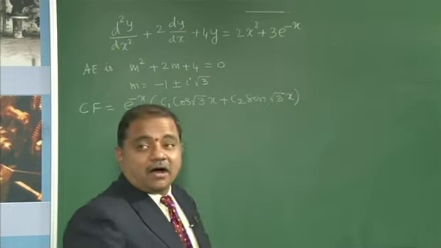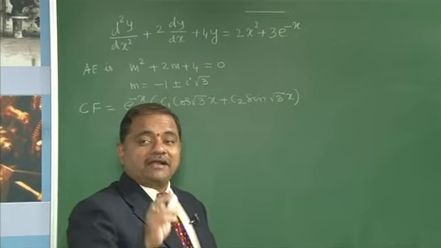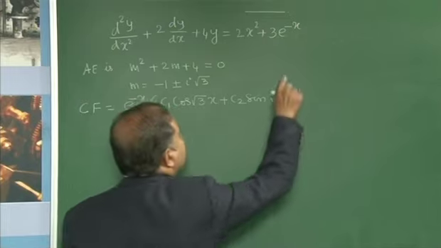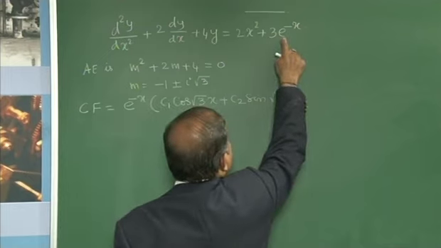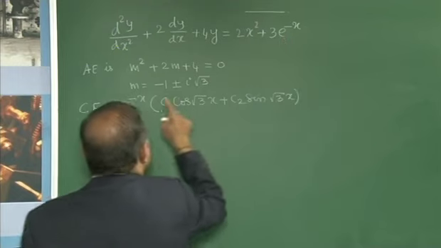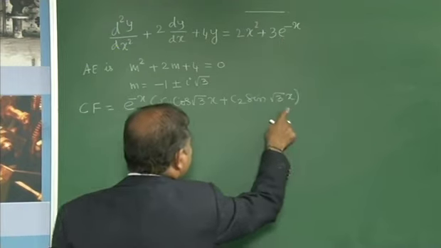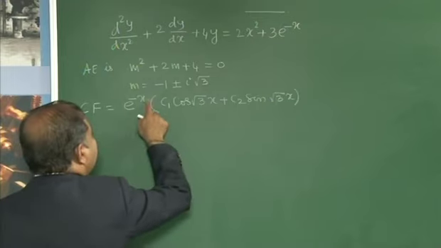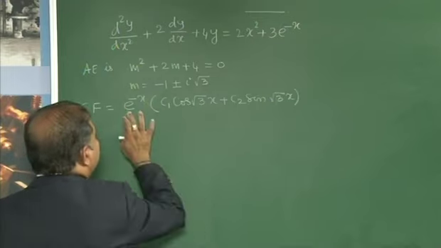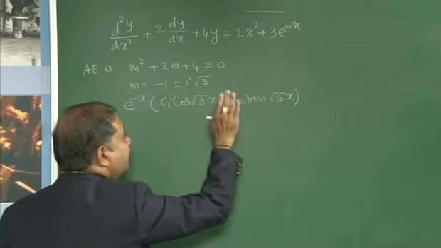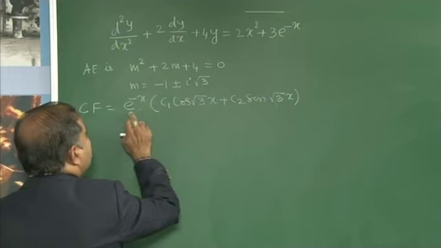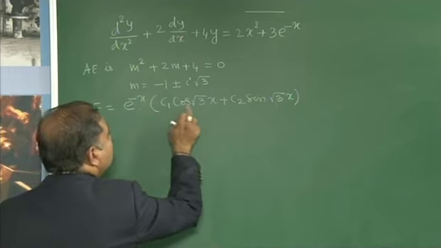I said how you can find whether you have to multiply by x or not. What is the idea? See here, e power minus x is type 1. You see whether this e power minus x is in your complementary function. Don't get confused. In this CF, it is there as e power minus x multiplied by a cosine function.